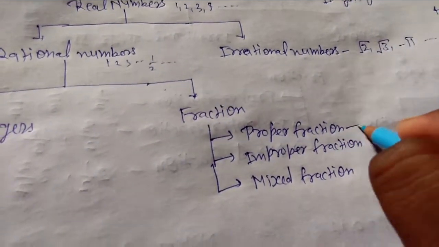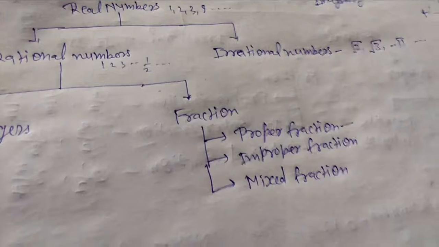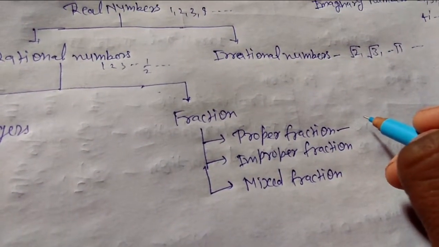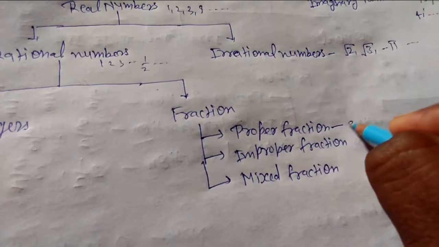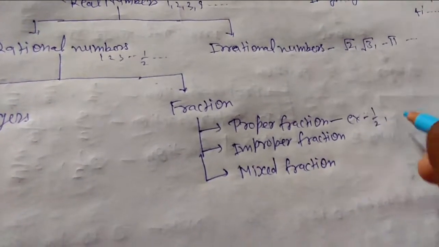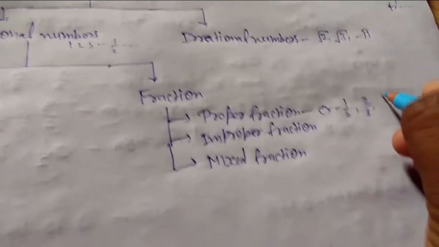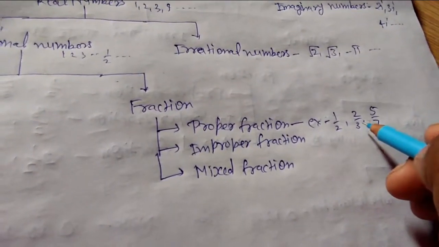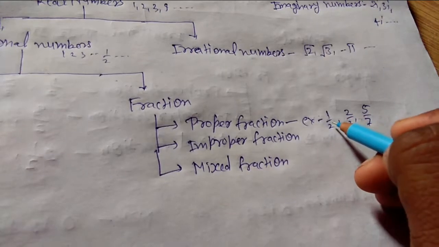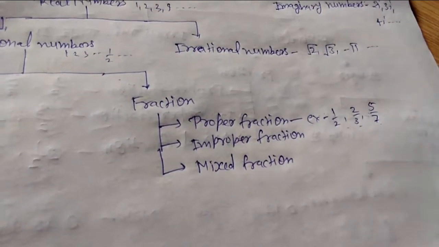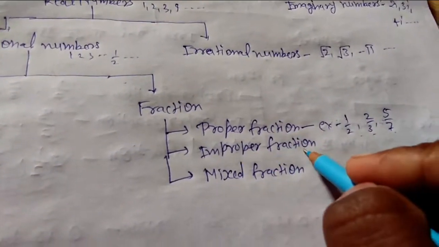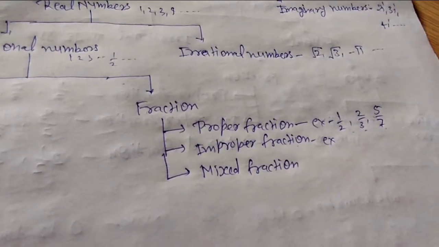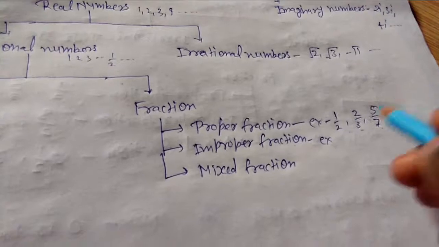Now a proper fraction is a fraction whose numerator is always smaller than its denominator. For example, 1 upon 2, 2 upon 3, 5 upon 7. These are proper fractions because the numerator is always smaller than the denominator. And improper fractions are those fractions whose denominator is always smaller than the numerator.